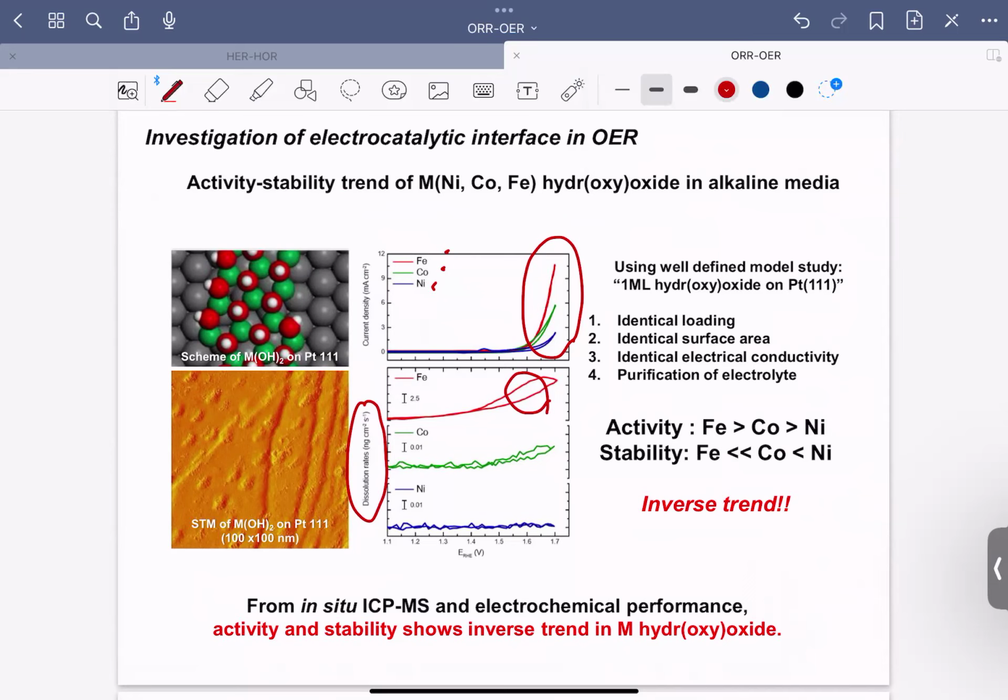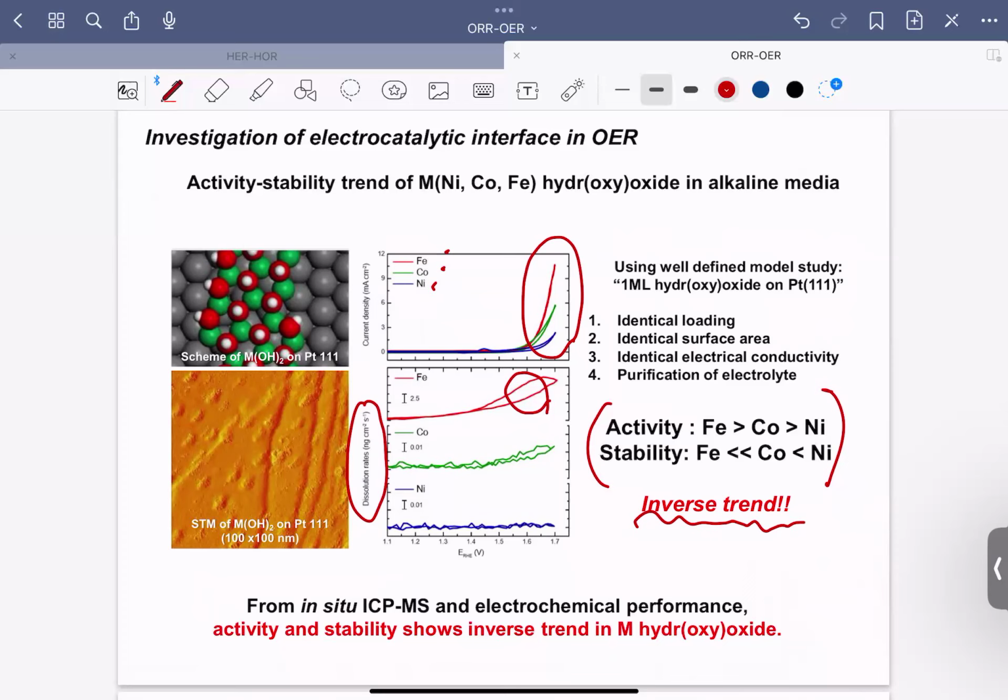Surprisingly, even though it is not allowed to say that we found a rule because I only compared three samples, I confirmed that there still seems to be an inverse trend between activity and stability in alkaline media.